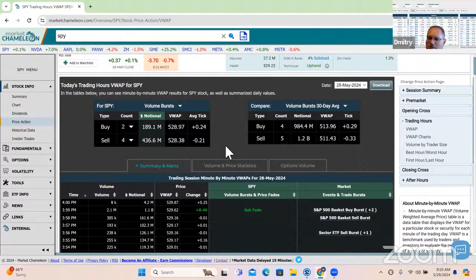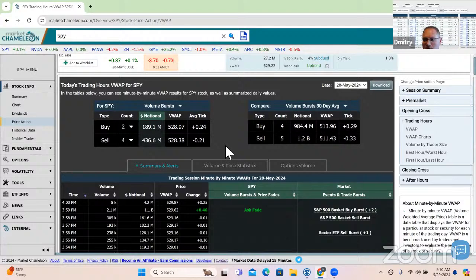And then we discussed it on prior videos. So besides the volume bursts, we could also look at the change in the price in a particular minute that seems unusual, an unusual change from one VWAP price to the next, but it didn't have a lot of volume associated with that change.